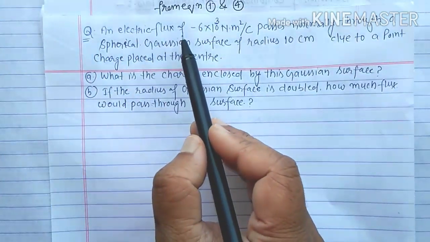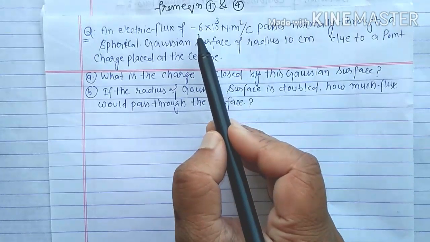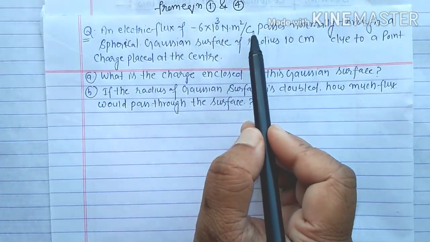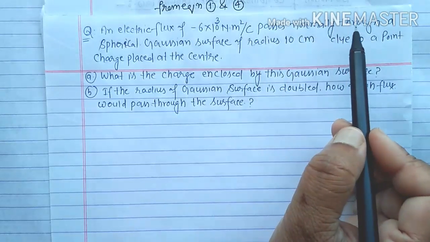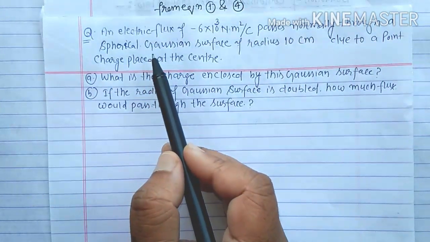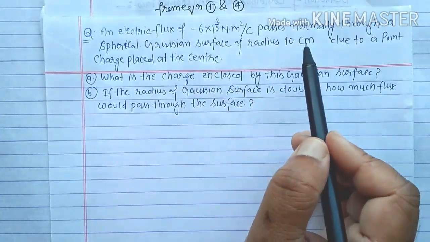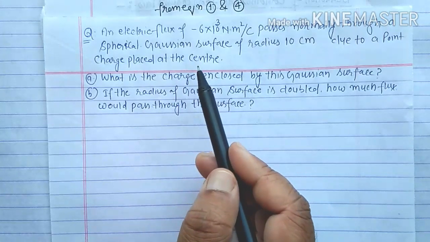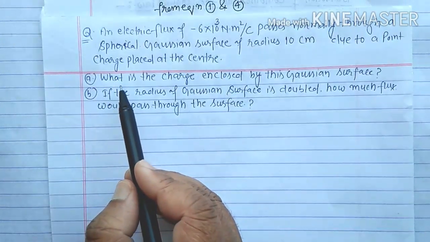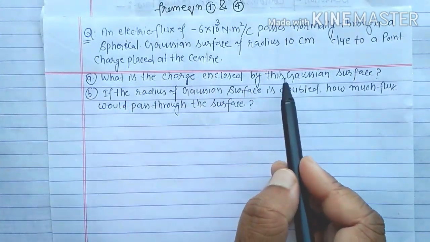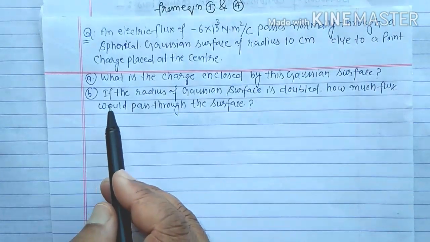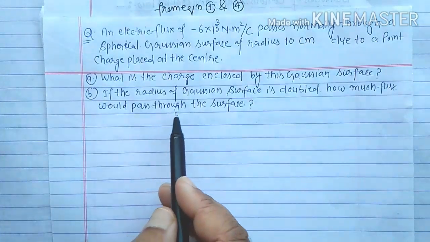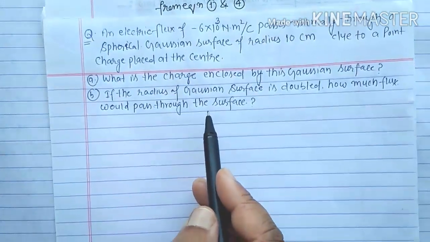An electric flux of minus 6 into 10 power 3 Newton meter square per coulomb passes normally through a spherical Gaussian surface of radius 10 centimeter due to a point charge placed at the center. So now first part of this question, what is the charge enclosed by this Gaussian surface, and second part, if the radius of Gaussian surface is doubled, how much flux would pass through the surface. So start from first part.